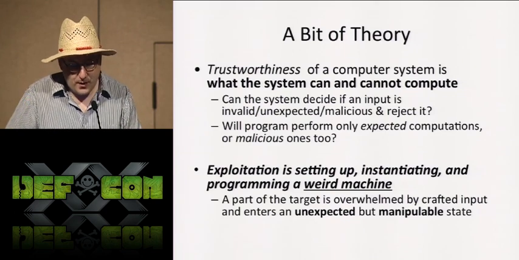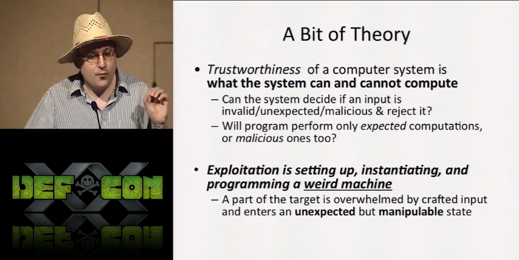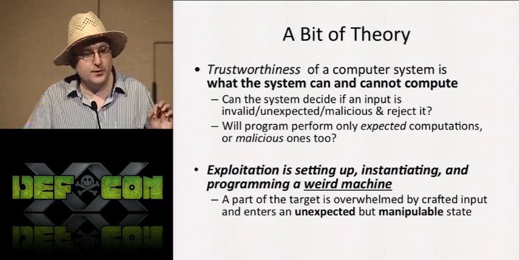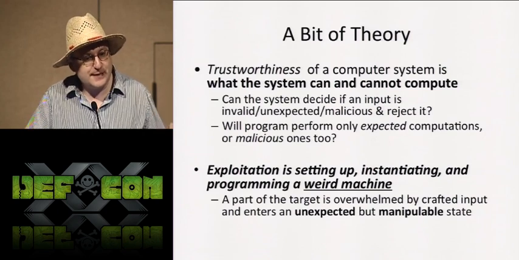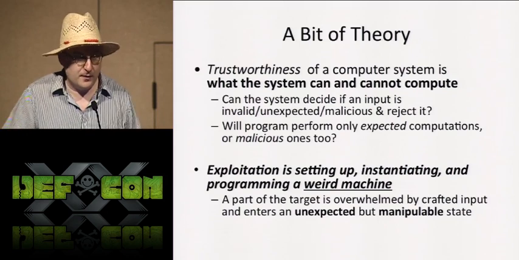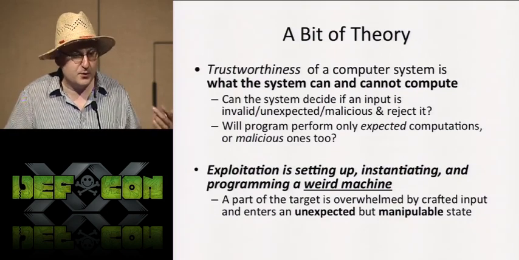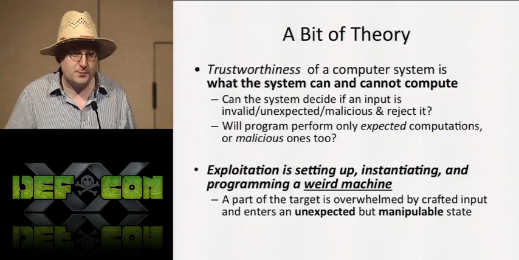And so what we're really doing here is, when we exploit, we build execution models that exceed the expectations. And as they exceed the expectations, they perform the unexpected computation that is otherwise known as pwnage.